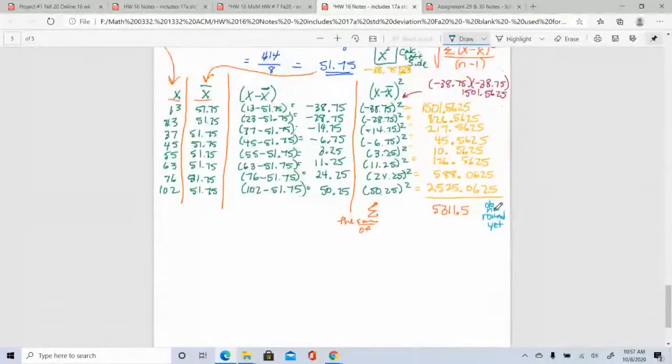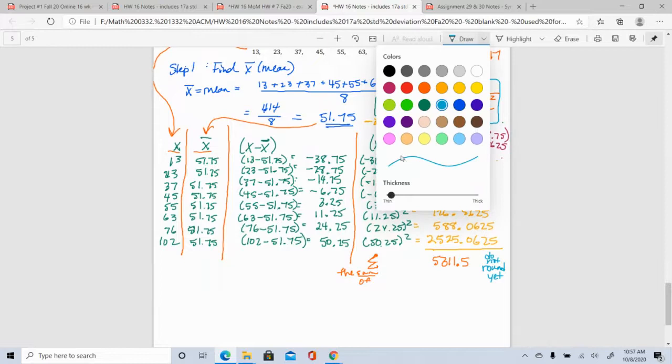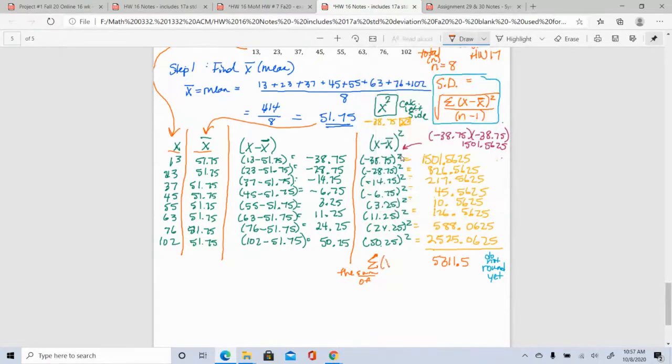Okay, so remember our standard deviation formula? We now have the sum of x minus x bar, squared. We did our x minus x bar, we squared it, we found those numbers, we add them up. Now we have that top part, okay?